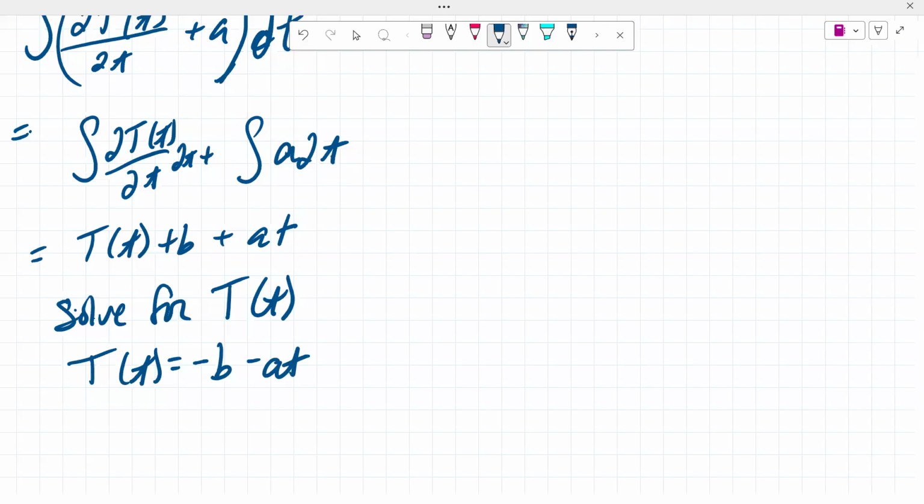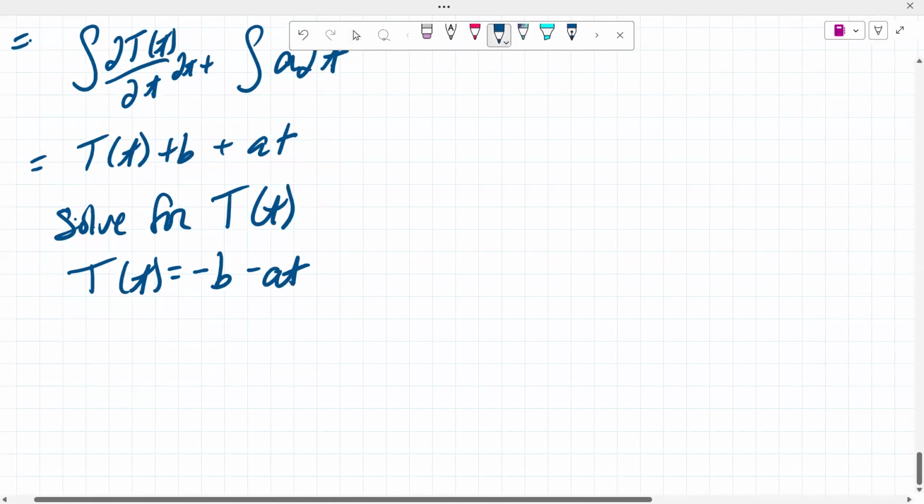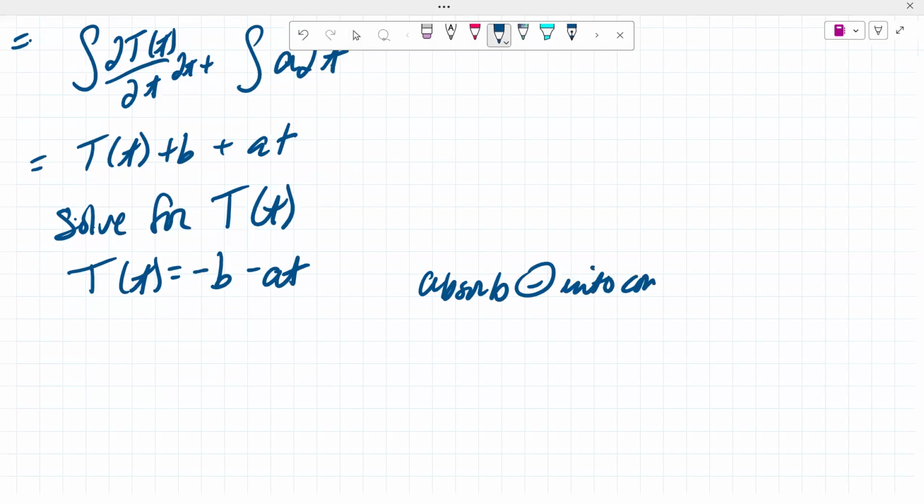So again, we'll play the same trick to absorb the negative sign into the constants. So we have T of t equals at plus b, like so.